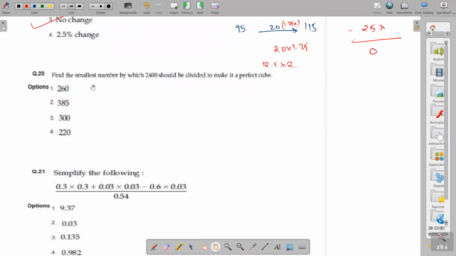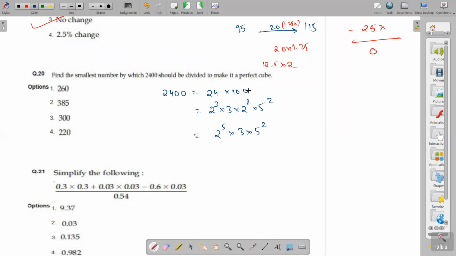Let's do the next question. Find the smallest number by which 2400 should be divided to make it a perfect cube. Firstly, we have to find the prime factors of 2400. 24 into 100. This is 8 into 3. 8 is 2 cube, and 300 is 2 square into 5 square. So 2400 is basically 2 raised to 5 into 3 into 5 square.